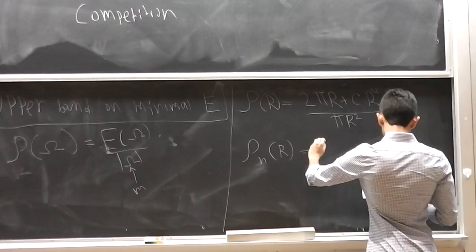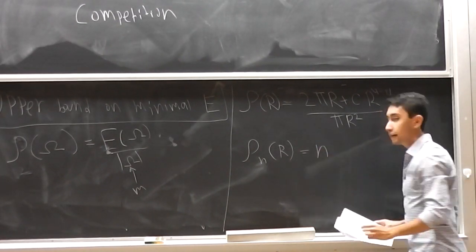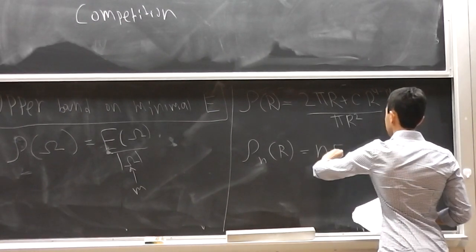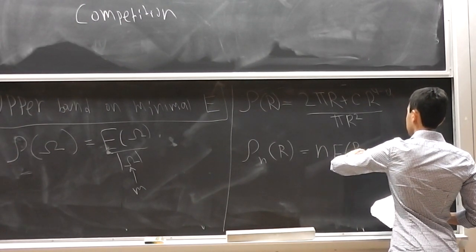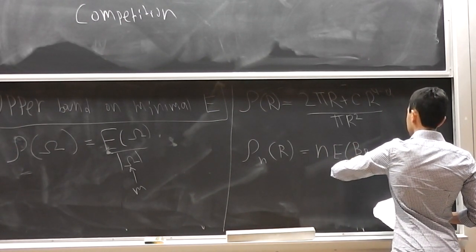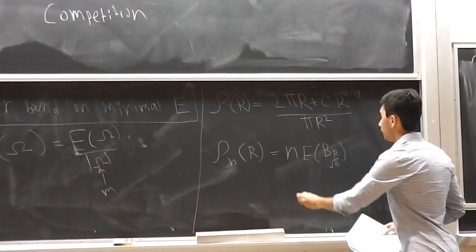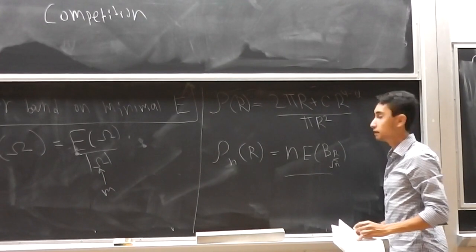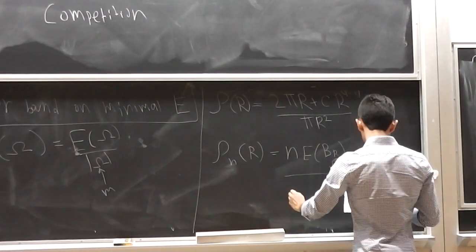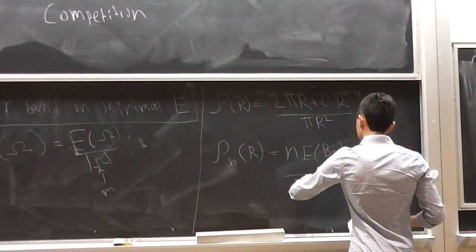So this is going to be n times E of the ball of radius r over square root of n. That's the energy of each of the little balls. And then you divide by the total area, which is going to be pi r squared.